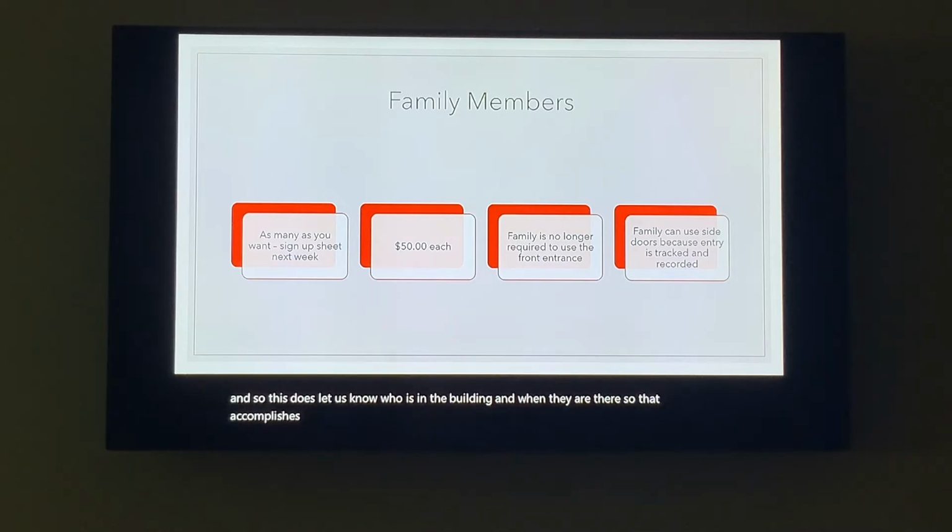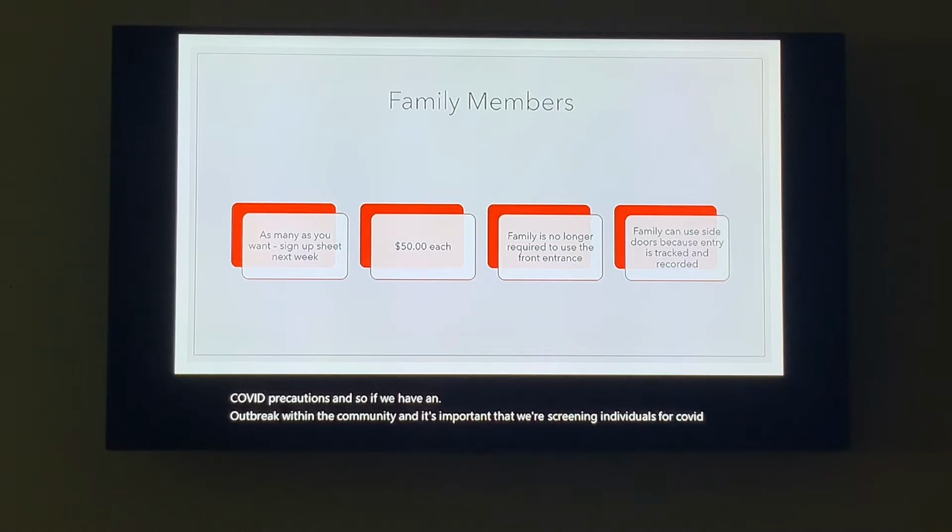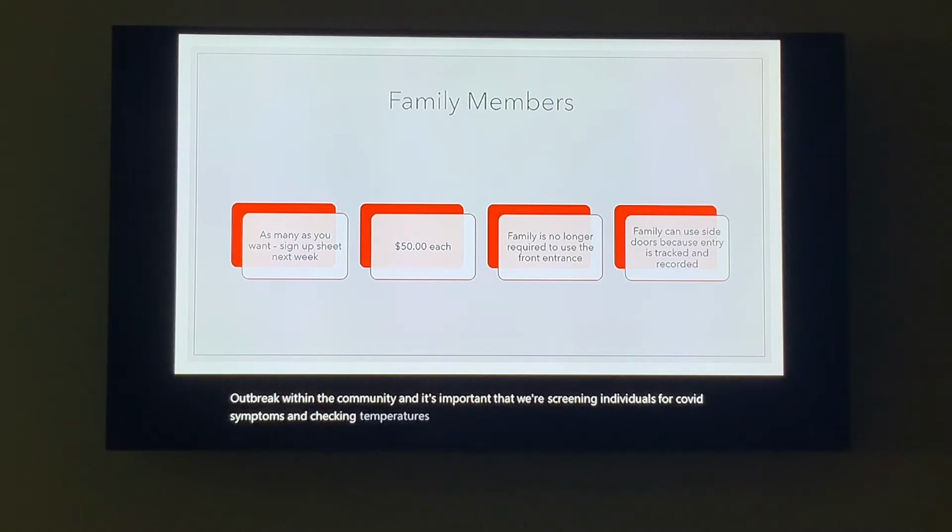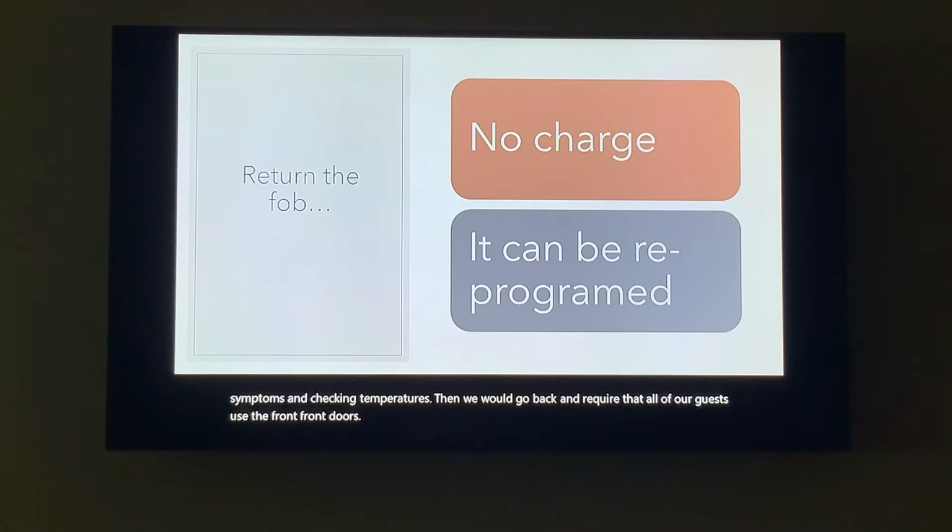You will only need to use AccuShield in the front door if we are under COVID precautions. If we have an outbreak within the community and it's important that we're screening individuals for COVID symptoms and checking temperatures, then we would go back and require that all of our guests use the front doors.